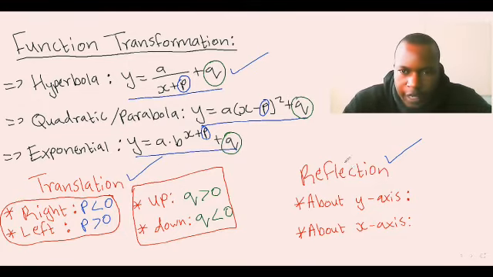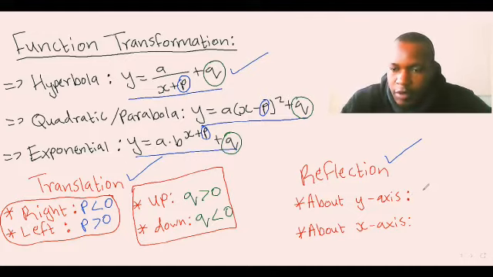Now let's also go through some reflection. This would be another way in which you can transform your function. You can reflect your function, in this case, by reflecting it about the y-axis. What you do is you essentially just have a negative where the x value would be.